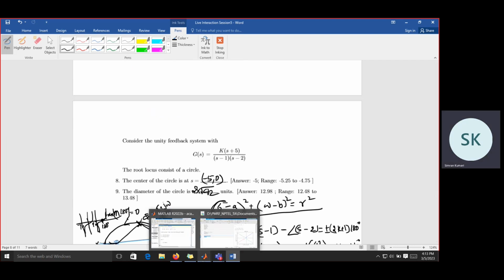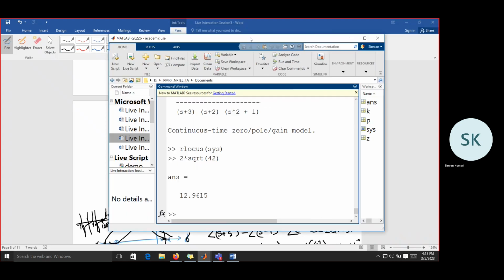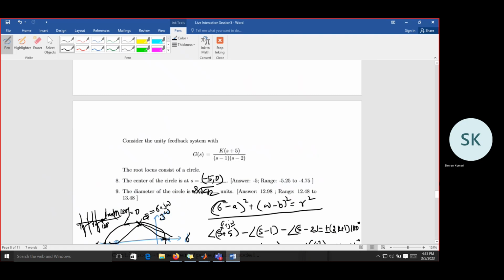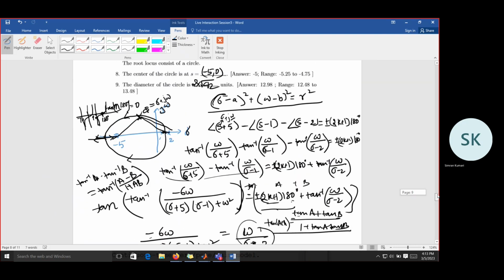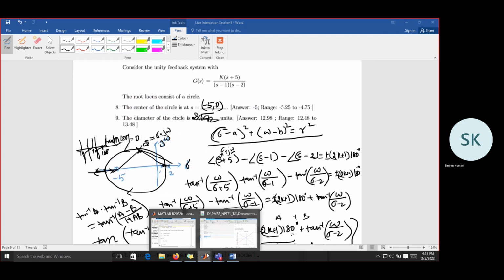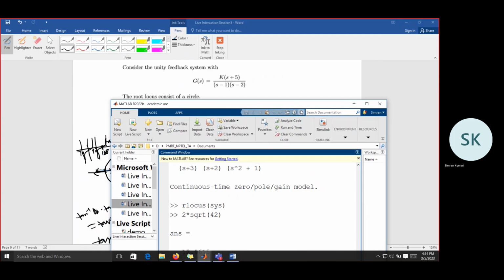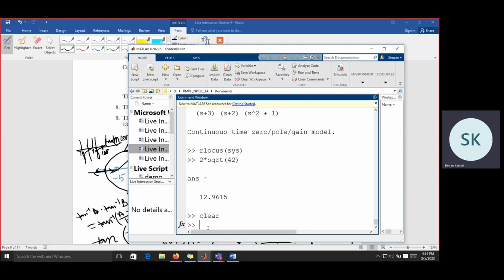So this is the system. We have earlier made a system. Let us clear all those variables. And we have s plus 5, s minus 1, s minus 2.